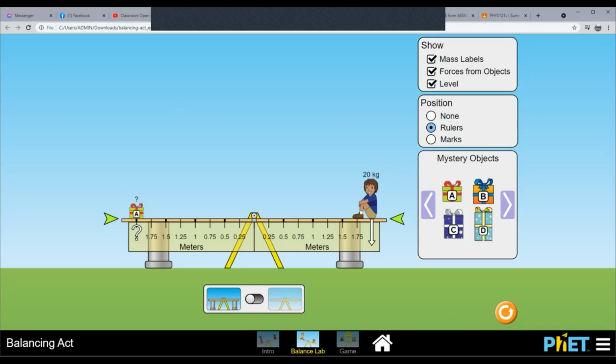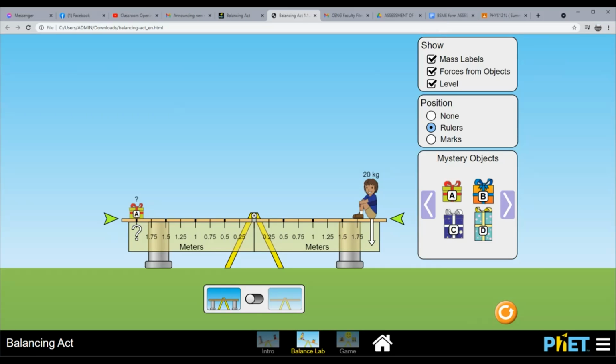Magre-remain lang po na balance yung ano, kasi po may support. 'Di ba po 'pag naglalaro yung mga bata sa siso, 'pag yung paa nila ay nakababa, yun po yung parang support nila para mag-balance po yung siso. Kahit po magkaiba po yung weight nung dalawang bata na naglalaro dun sa siso.